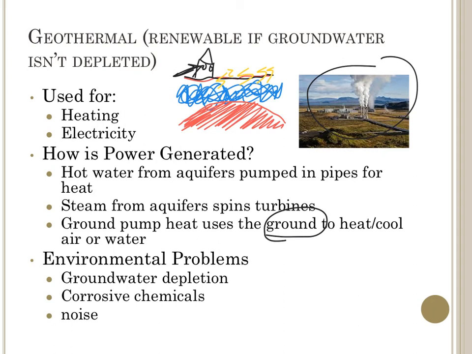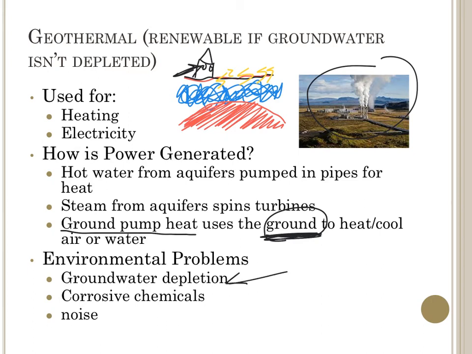Your book talks about ground heat pumps, and make sure you review that because it is a newer type of geothermal energy. It's not using hot steam, it is using the ground's natural cooling and heating, because it's a different temperature than the outside air in the summer and winter.